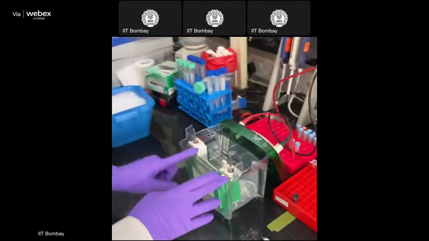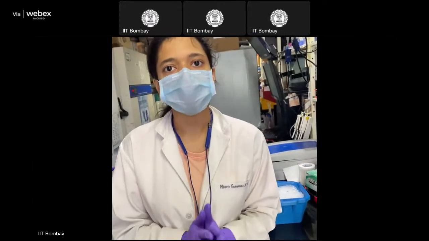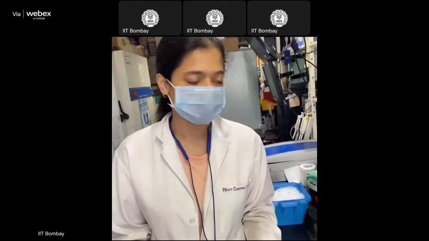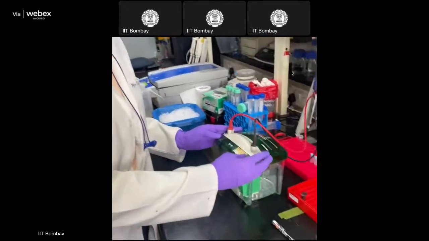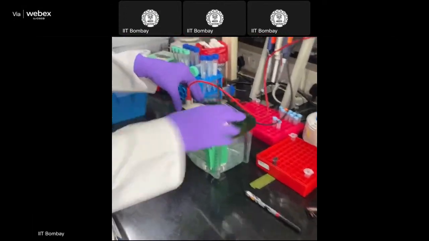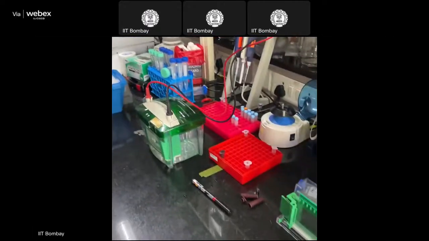Once we know what the quantity is, we'll load around 10 to 20 μg of sample onto the gel, and then we'll check how good its quality is. After loading, I can show one loading also.